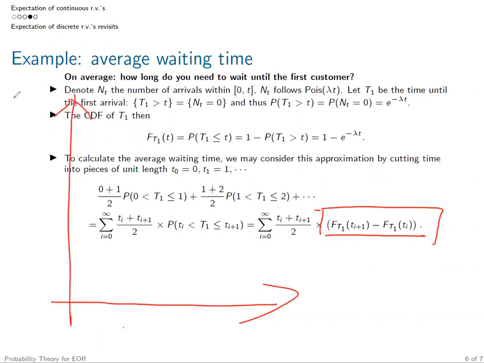suppose this is the F_T1 function, and this is t_i, and this is t_i plus 1. So somehow it increases from here.